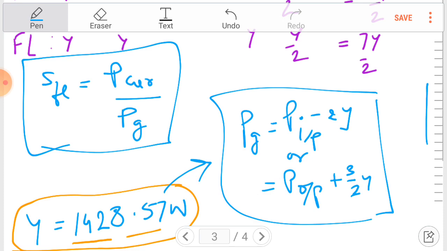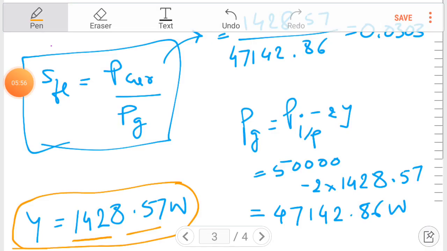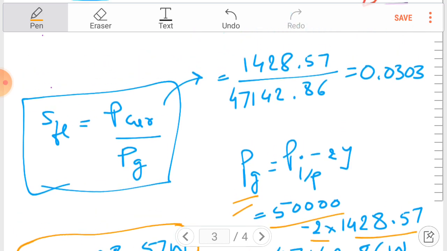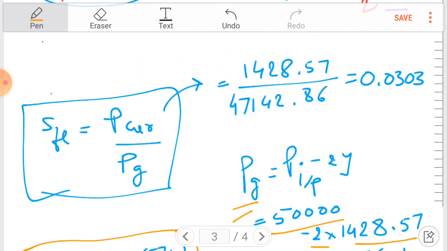Input power is 50 kilowatt and output power is 45 kilowatt. After calculating from input side, we get air gap power equal to 50,000 minus 2 into 1428.57, so air gap power equals 47142.86 watt.